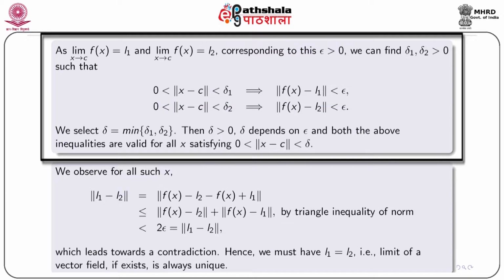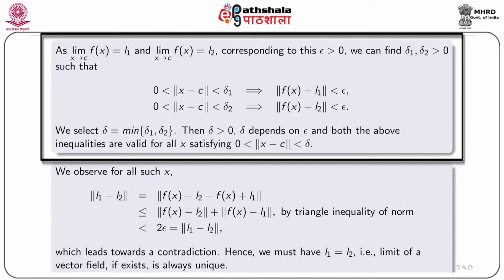Similarly, whenever norm of x minus c less than delta2 but positive, we have norm of f(x) minus L2 less than epsilon. So, we select delta equal to minimum of delta1 and delta2. First of all, delta is the minimum of two positive quantities, so delta must be positive. Delta1, delta2 both are dependent on epsilon and delta is their minimum, so delta is also dependent on epsilon.